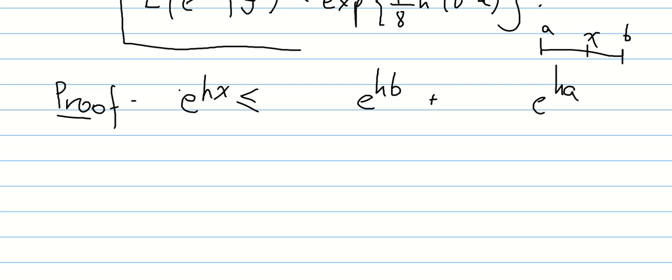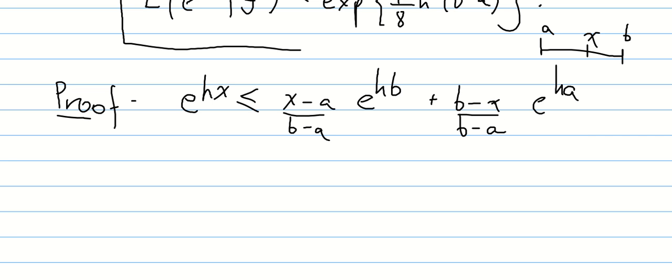So if we want to use this inequality, we have to put theta such that theta is the right convex combination that gives x as a combination of a and b. And what's this? It's (x minus a) over (b minus a), and (b minus x) over (b minus a).